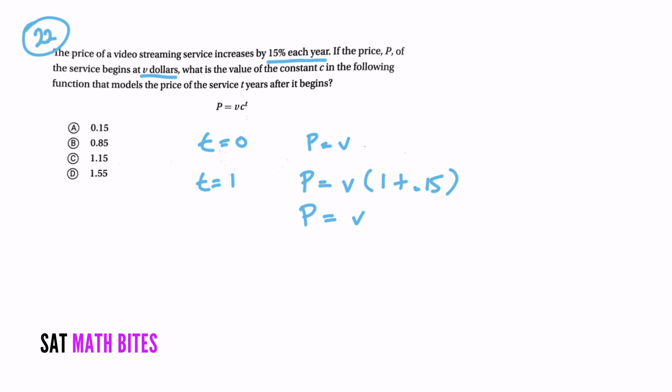So that would be P equals V times 1.15. And so that's why the answer here would be C, 1.15. Some people might think the answer would be 15 or 0.15, which would be A, but you're not adding the previous price. D would be adding 55% each year, and then B would actually be giving you a discount of 15%.